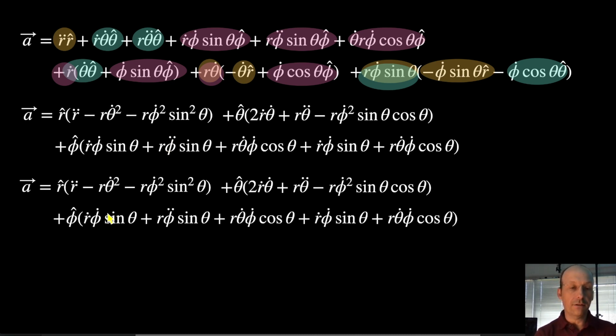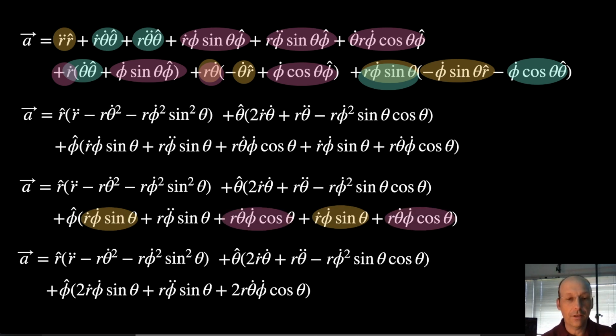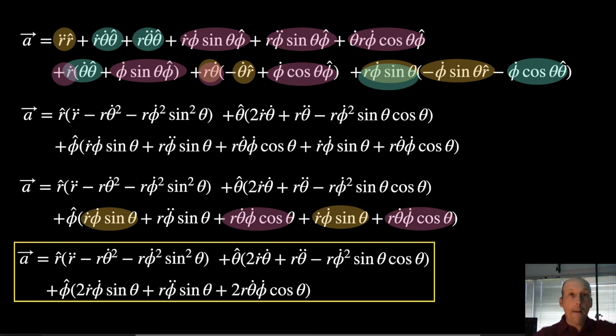But when you do combine the terms, this is the same as that. I'm just saying these combine together, and those combine together, and I get this. That is the acceleration, the second derivative of position in spherical coordinates.